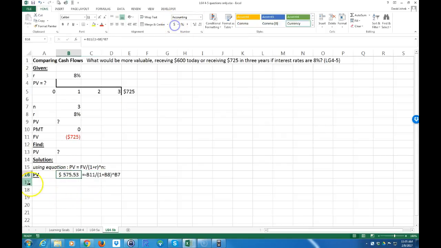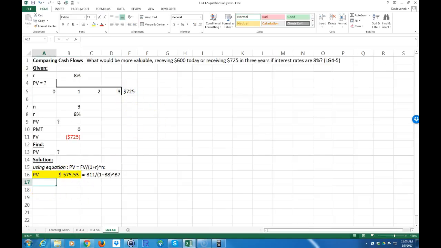Make that dollars. So that's my answer. $725, 3 years in the future, is worth $575.53 if you discount it back at 8%. And they're asking which is worth more, $600 or this? Well, I'll take the $600, rather than this, 3 years in the future.